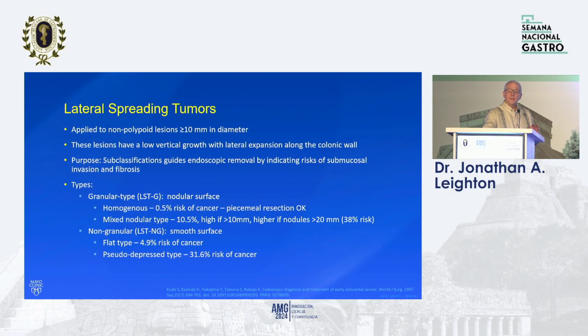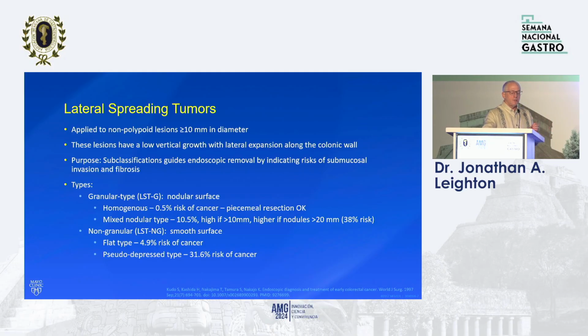The other point that I want to make is as you're looking at morphologic criteria, you should understand lateral spreading tumors, which are those that are larger than 10 millimeters. There's low vertical growth and lateral expansion. And the key thing is to understand the types, because if you have a granular type and it's homogeneous, the risk of cancer is very low, and you can easily remove those piecemeal or in block.